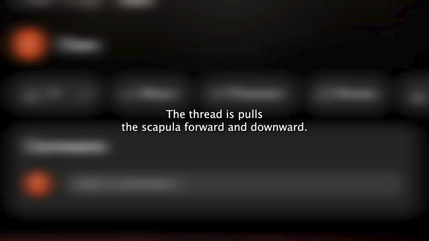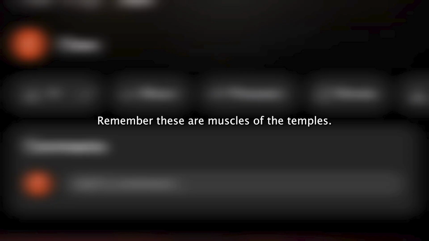So if you look on the side, the serratus anterior is right here. And it's 1, 2, 3, 4, 5, 6 muscles on the side. And here again, if you're very thin and you work out, you can actually see these ripples over here. And that's the serratus. The serratus pulls the scapula forward and downward. Remember, these are muscles of the pectoral girdle, so it would be attached to the scapula.